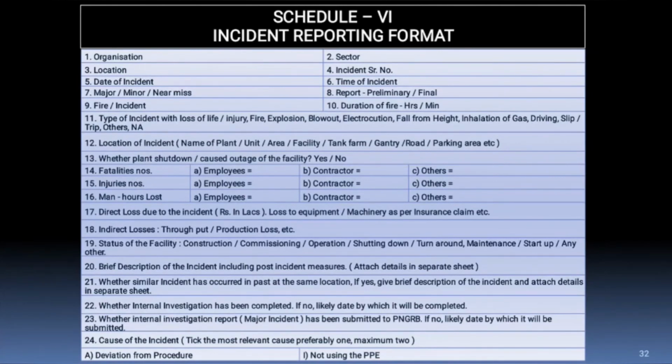All the things should be filled in accordingly, like organization name, sector, location, date of incident, whether it is minor or major, time of incident, and what type of incident it is, such as fire, loss of life, injury, explosion or blowout.